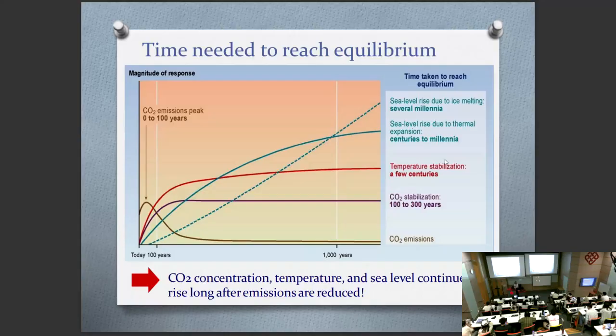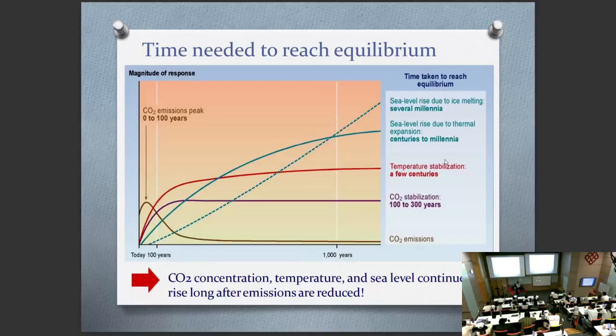So even if today we stopped releasing all carbon dioxide and other greenhouse gases, it would still take time for the temperature to go down, because we need nature to absorb the carbon dioxide.